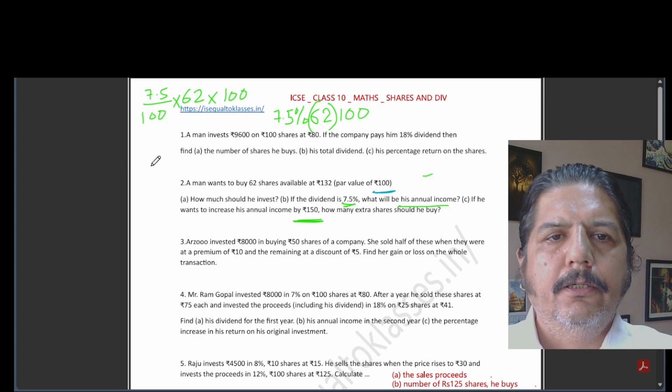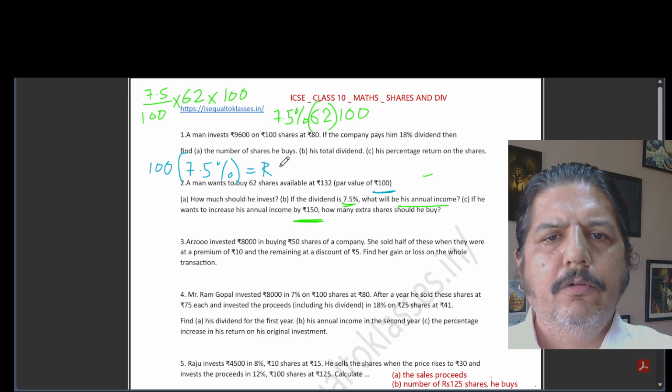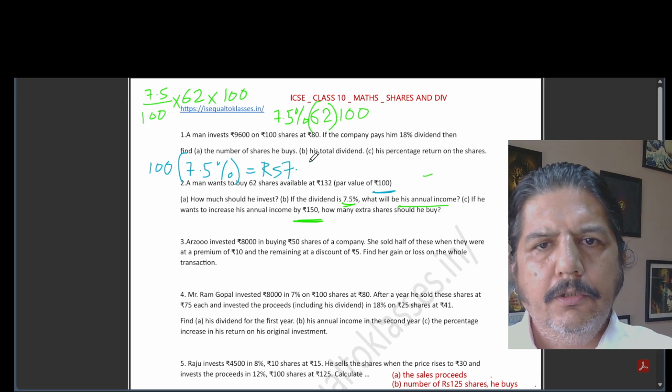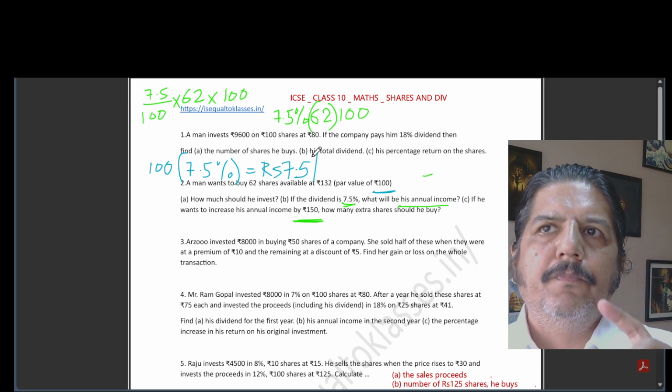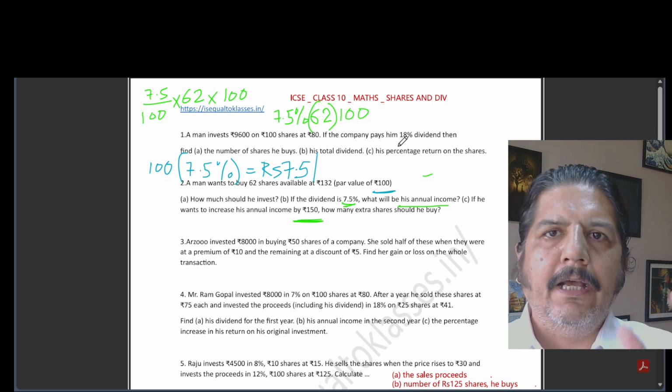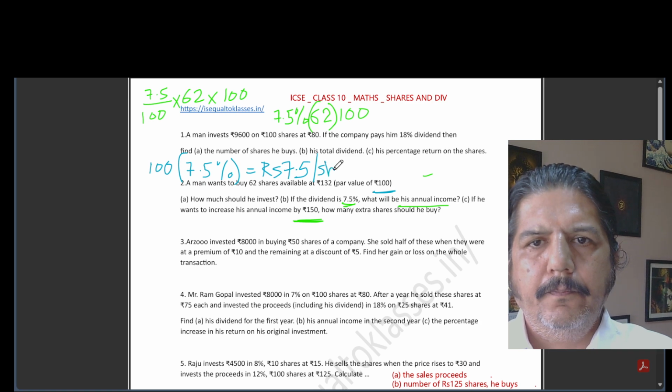So on rupees 100, the company is giving him a dividend of 7.5%. Now, if you calculate, this will come to be rupees 7.5. Now, this rupees 7.5 is the income as dividend per share.